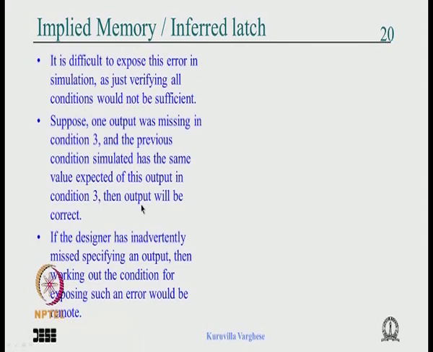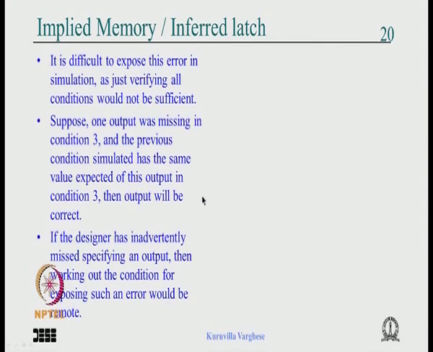all inputs won't expose it. For a particular condition, if it is a latch, to expose it you have to have the previous tested condition with an opposite output. But if the previous condition has the expected output as now, then there is no way to detect this error.